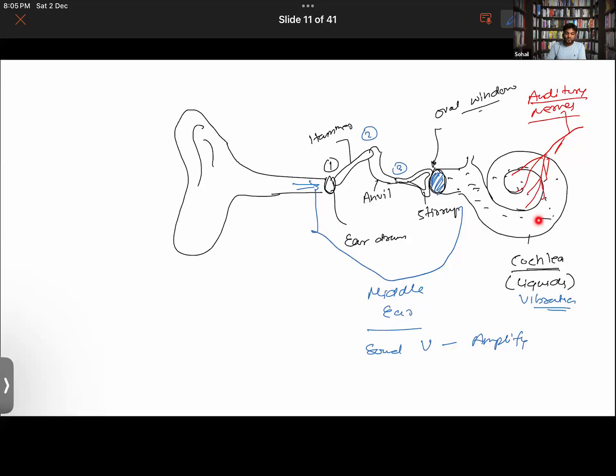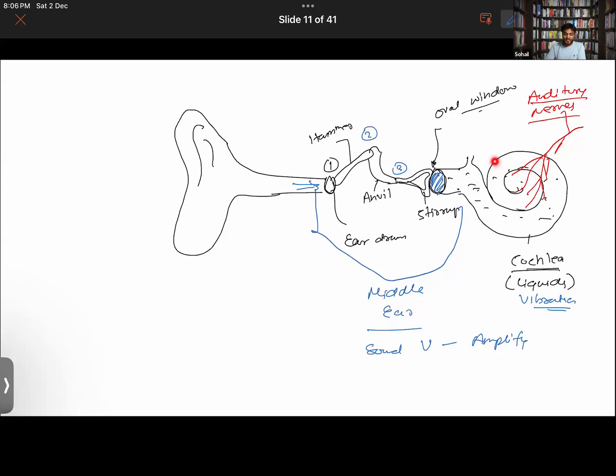In the innermost ear, the sound vibrations are now converted into electrical signals. And now ये सब कहाँ हो रहा है? ये auditory nerves में हो रहा है. Getting it now? The vibrations are now being converted in the nerves that are present over the cochlea, right? And now it will be transferred to the brain with the help of auditory nerves, right?